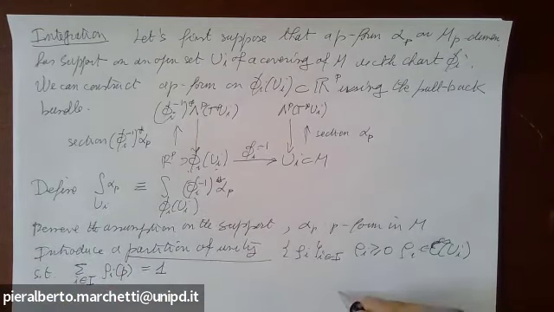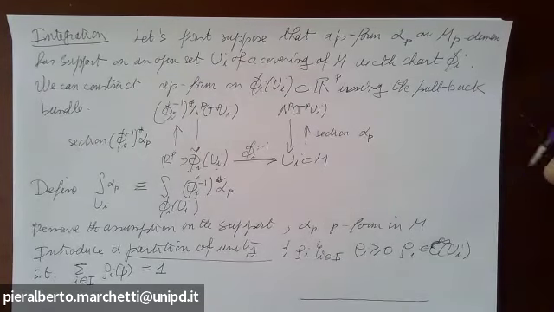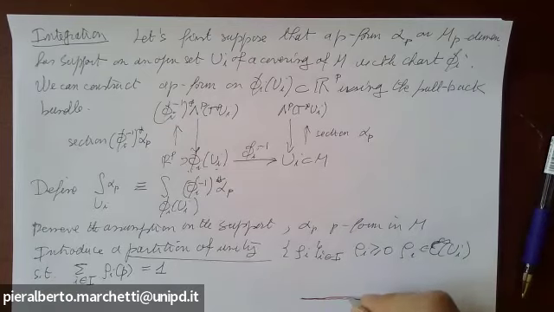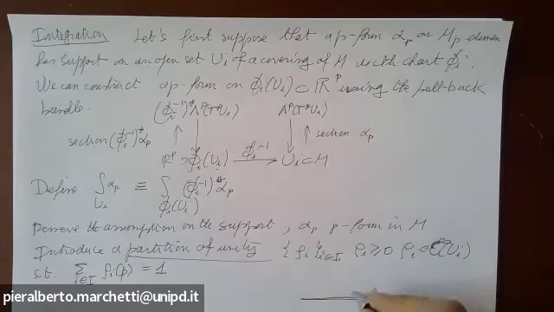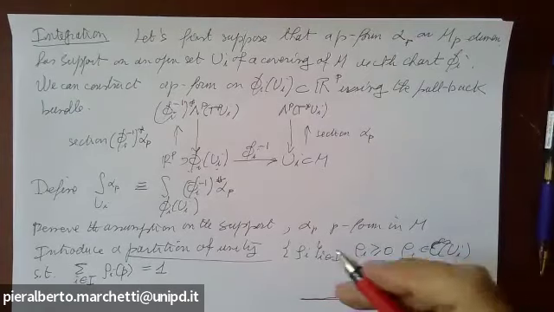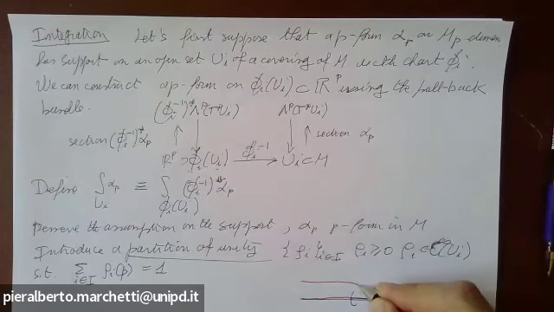So let me explain what it is. For example, consider a piece of the real line in which you have two open sets. One open set is, let's say, ui from here up to here. Another open set is uj from here to here. And now you construct something like this: it must be 1 up to here, and then it goes down.